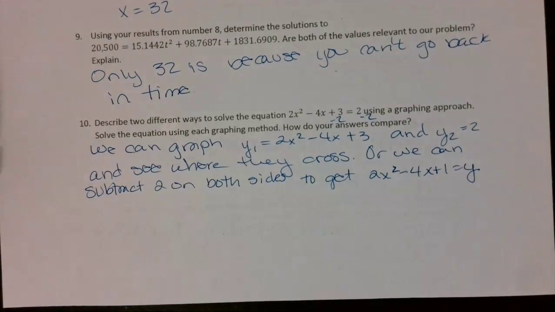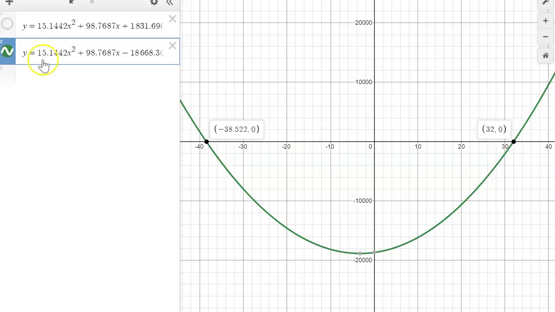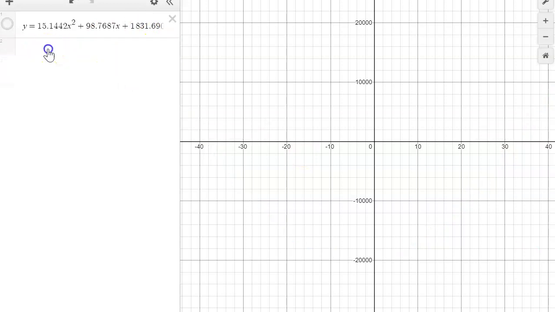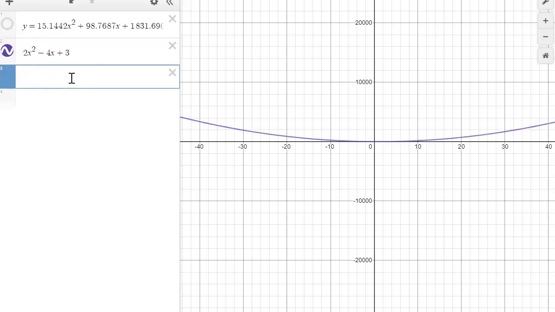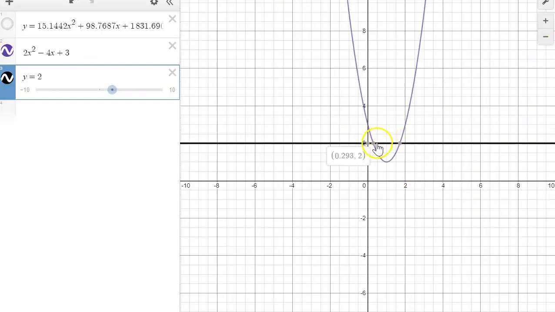Okay, so then I need to compare my answers, so I'm going to go graph. I have y equals 2x squared minus 4x plus 3, and my other equation I needed to graph was y equals 2. We probably want to zoom out to make this graph look a lot better.